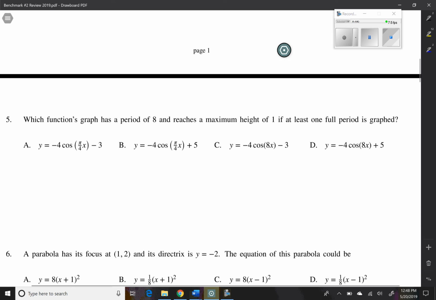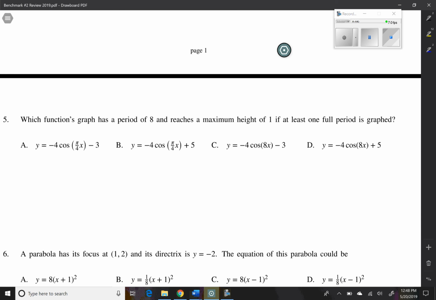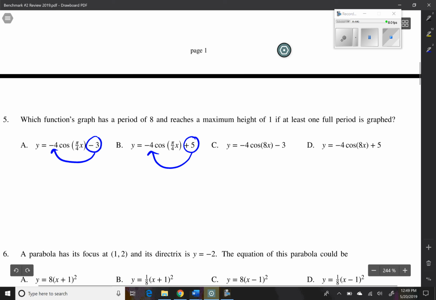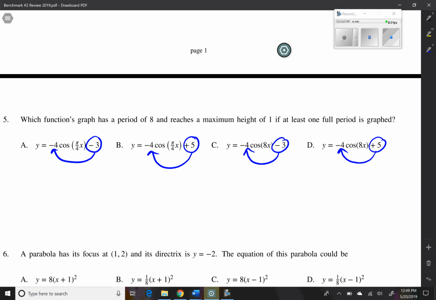Number 5, which function's graph has a period of 8 and reaches a maximum height of 1? One of the things we remember is we add the midline to the amplitude, right? That gives us the maximum value. So if I take -3 plus 4, that gives me a maximum of 1.